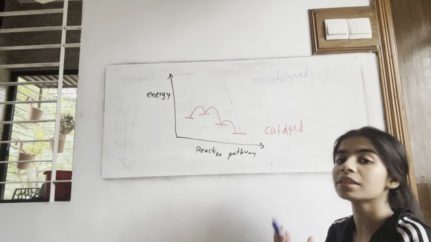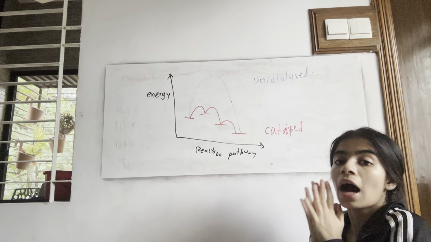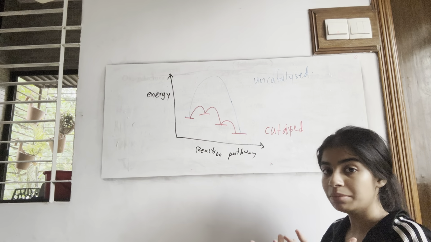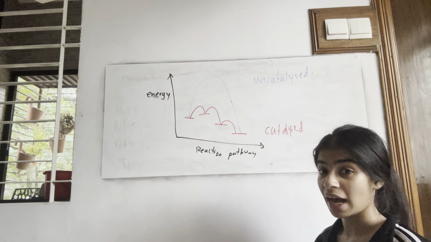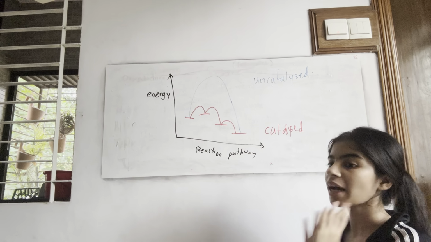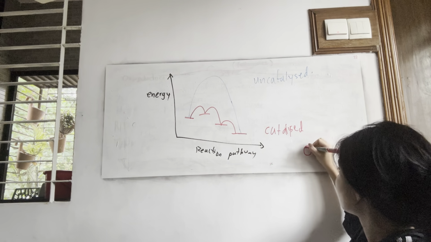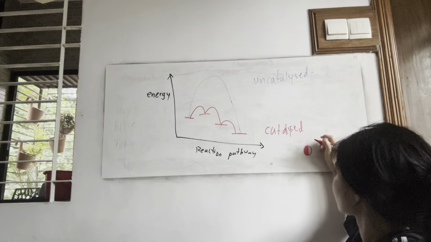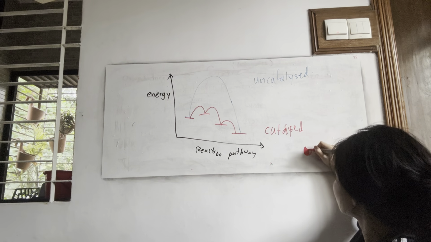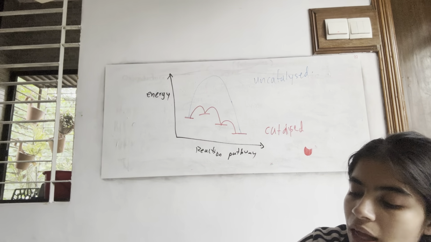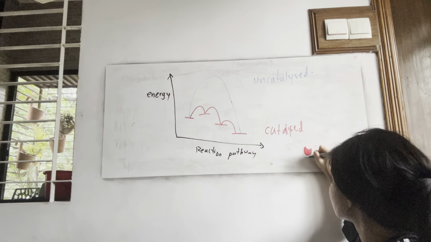So how does an enzyme work? Now we're going to talk about how an enzyme works. I know we said it doesn't react with the thing, but bear with me, okay? It reacts with your reactant. So this is my enzyme, and this is my reactant.